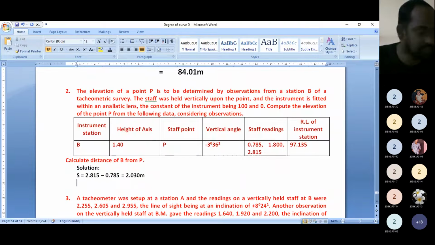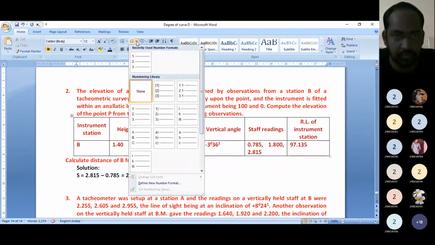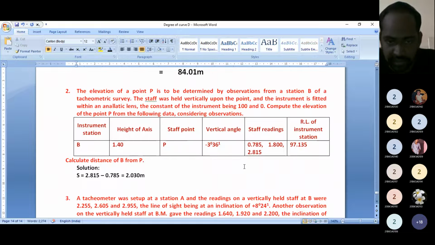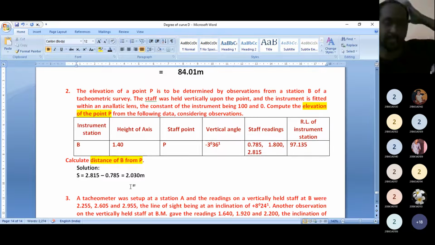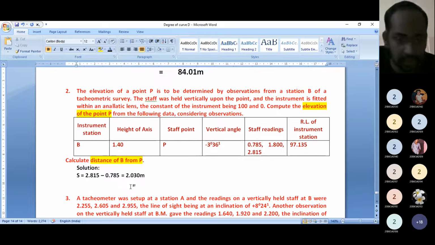Okay na? So then calculate the three things. What is asked to calculate? The elevation of P is asked. And next, the distance between B and P he is asking. Okay now. So here the instrument station is B, it has been given as B. So do calculate here. We require only three things here.